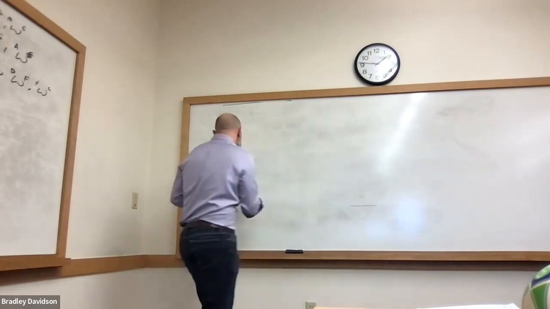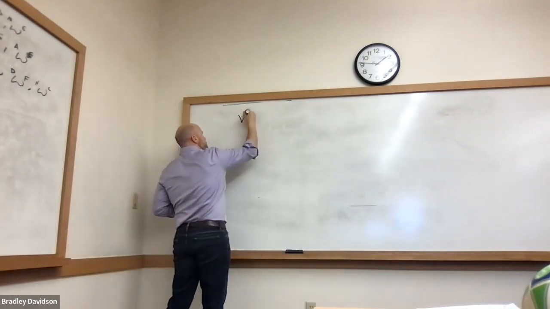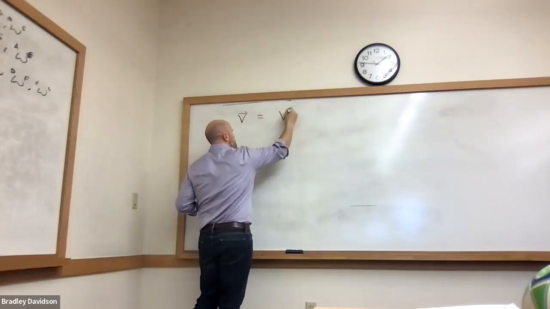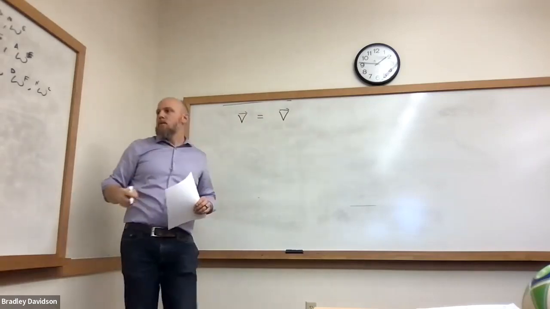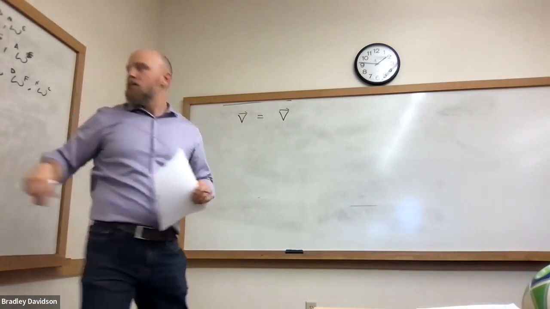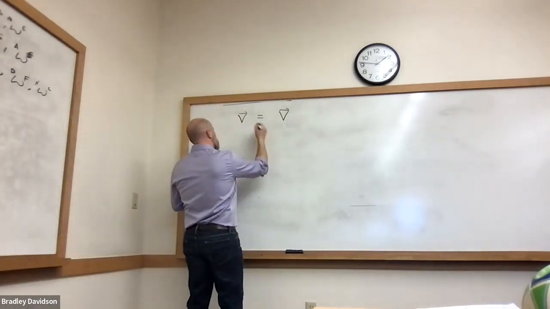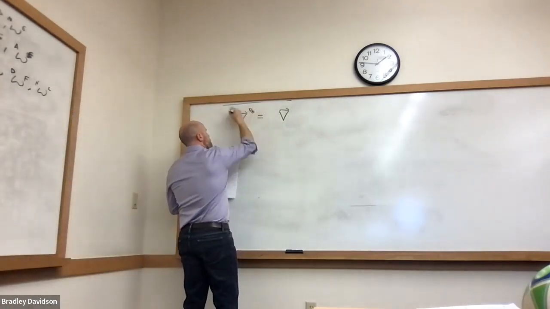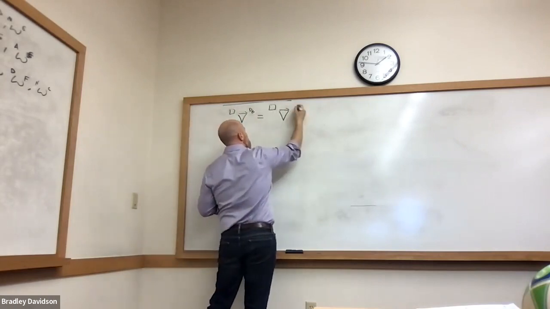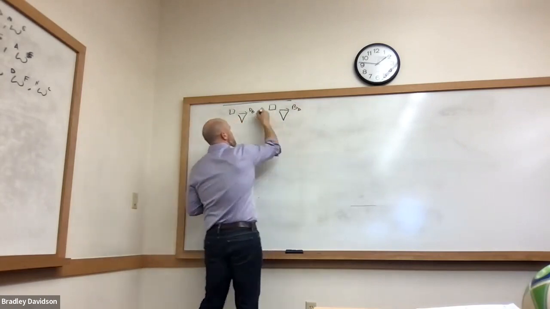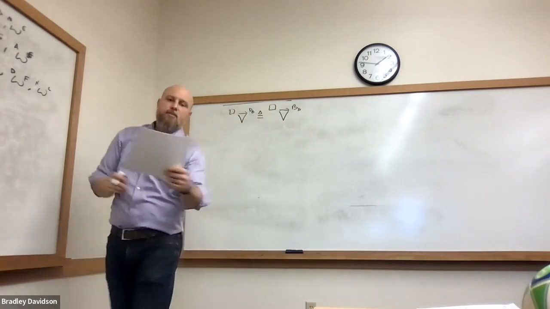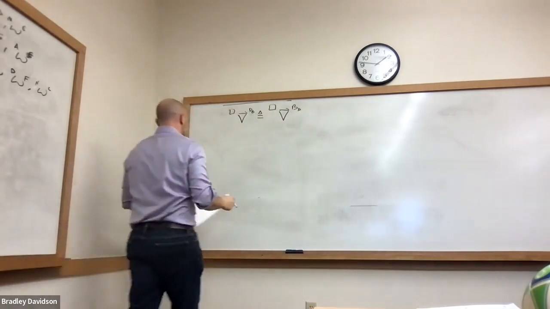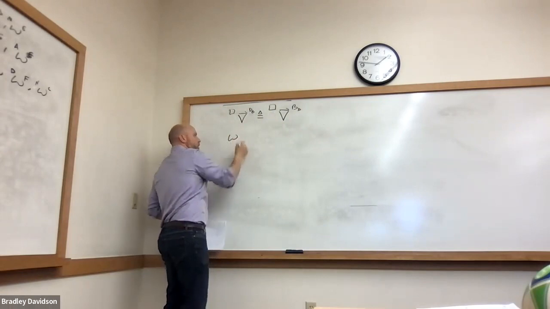So what's the equation? D sub B, yep. The velocity of D in B is equal to the velocity of B in D, by definition. So let's work this out.